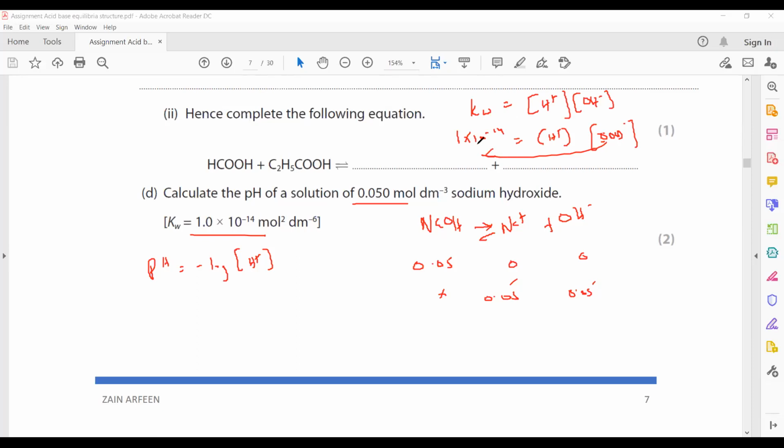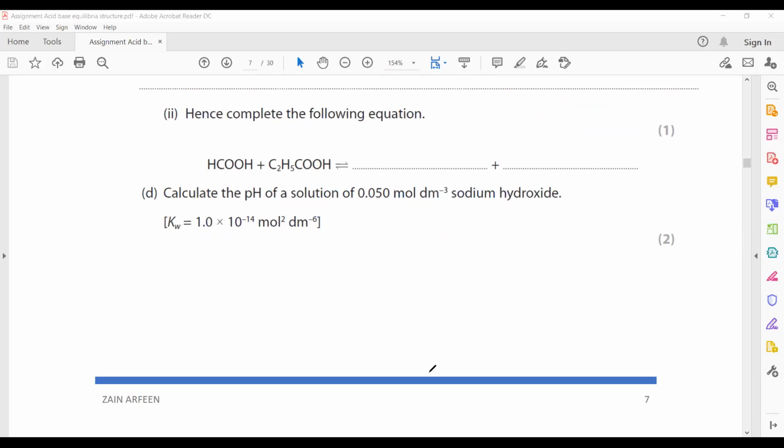So using this, you will get the hydrogen ion concentration, and when you substitute, you will get the pH, which is minus log of hydrogen ion concentration. This is how we find the pH of a strong base.